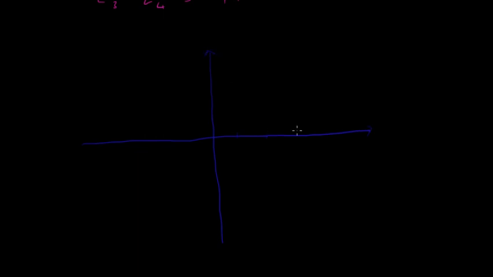So we went 1, 2, 3, 4, 5, and along here -1, -2, -3, -4. And then up along here we got 1, 2, 3, i, and down here -i, -2i, -3i, and -4i.